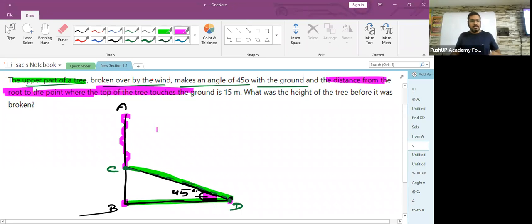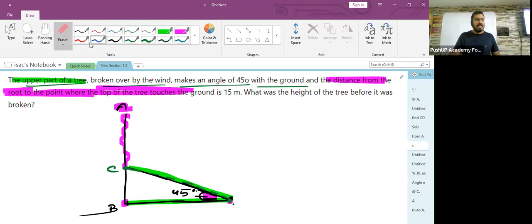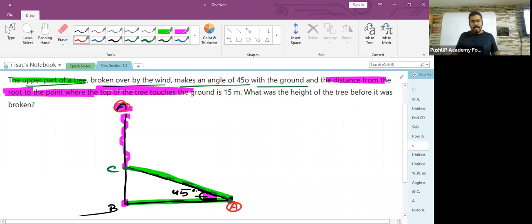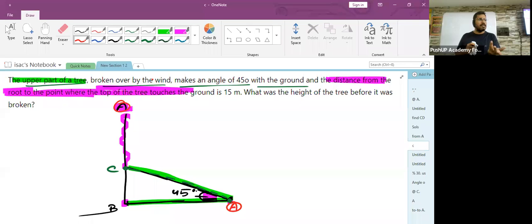Children, if I had taken this point as A, that would not make any difference, because CA is the top portion of the tree which broke and fell on the ground, isn't it? So I can write CA for this side also, the hypotenuse of the right angle triangle.